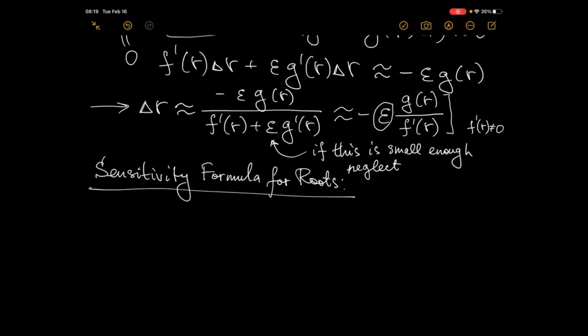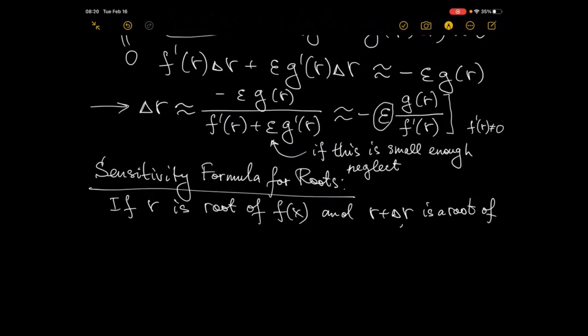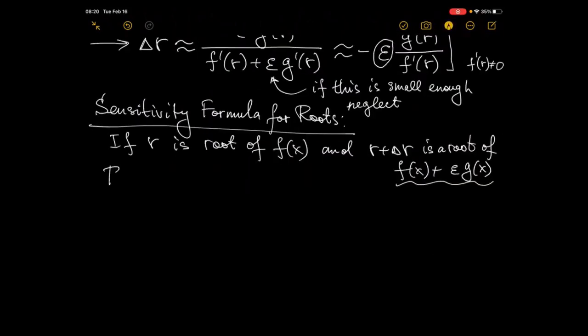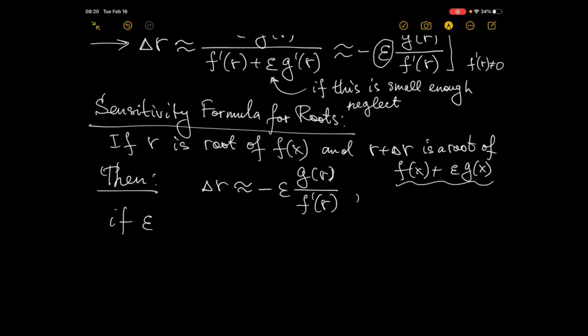So if R is a root of f of x and R plus delta R is a root of f of x plus epsilon g of x, so the perturbed equation, then delta R is approximately minus epsilon g of R divided by f prime of R, if epsilon is strictly less than f prime of R, so some relatively small number.